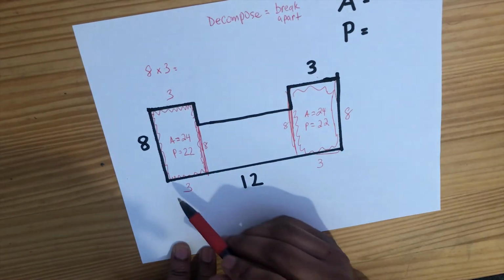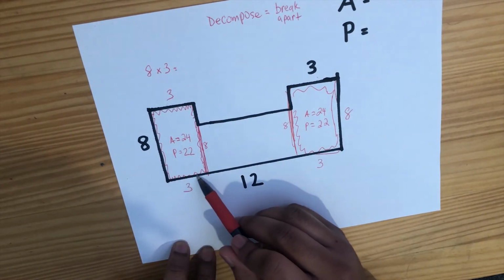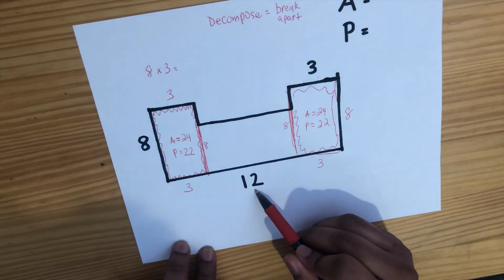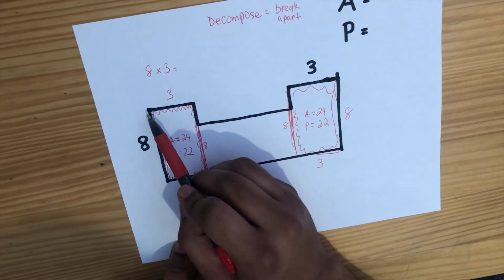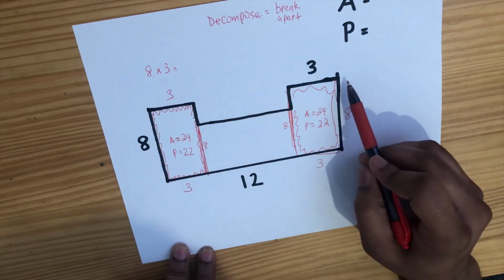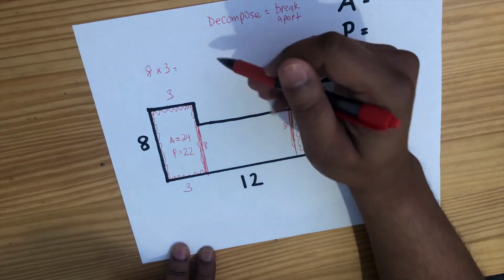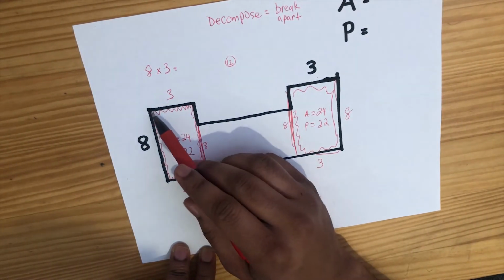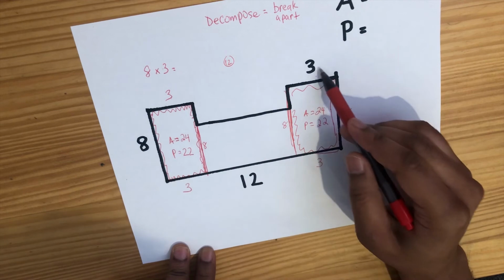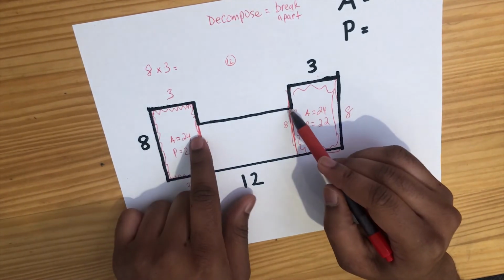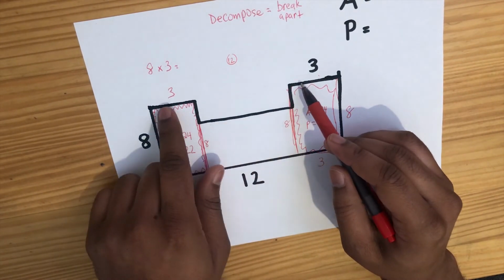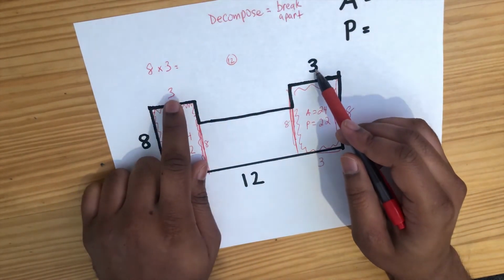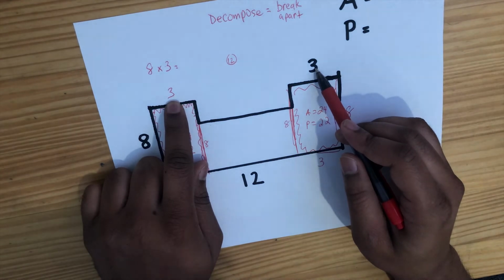So let's take a look. This whole line from here all the way across is equal to 12. So if I drew a line from here all the way across, it would also be equal to 12. Let's keep that in mind. But here is 3, and here is 3. So I'm missing this part here. If this whole line across is equal to 12, how much is 3 plus 3? 6.